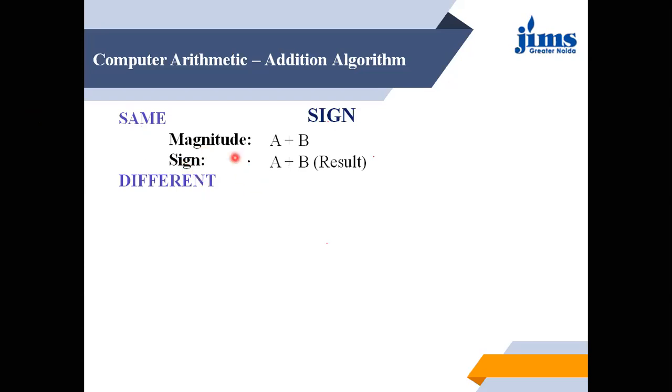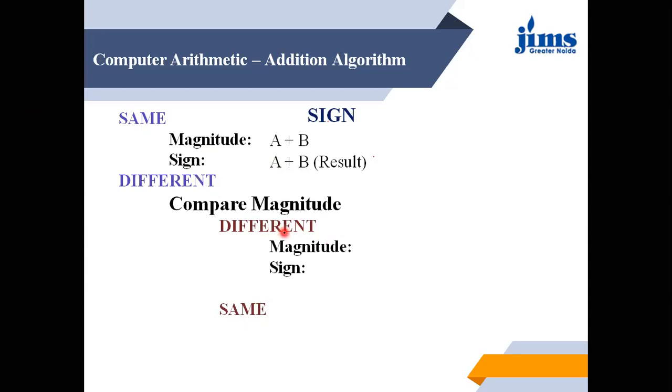When both the numbers have different signs, as we saw over here, then we have to compare the magnitude of both the numbers. Over here also there are two cases: magnitude can be different or magnitude can be same. When magnitudes are different, we have to find the magnitude and sign. To find the magnitude, we subtract the small number from the bigger one.